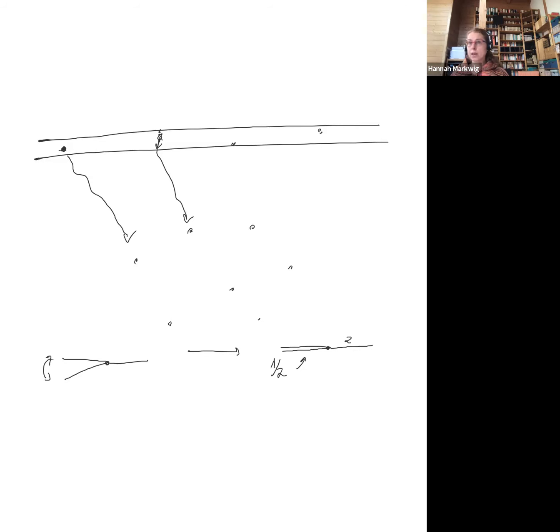So yes, the automorphisms of tropical curves are graph automorphisms. All I'm saying is they don't really show up much in our counting problem.